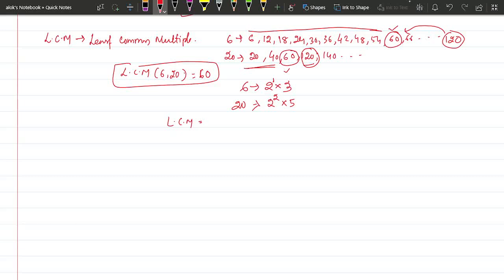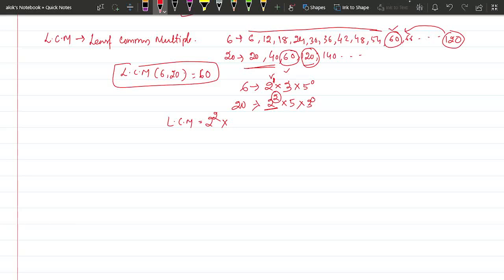So here in both terms 2 is a common factor, but here 2 to the power 1 is there, and here the power of 2 is 2. So what will we take here? We'll always take the larger one. So in the LCM we'll take 2 to the power 2. Here 5 is not there, so you can write 5 to the power 0, and here you can write 3 to the power 0.